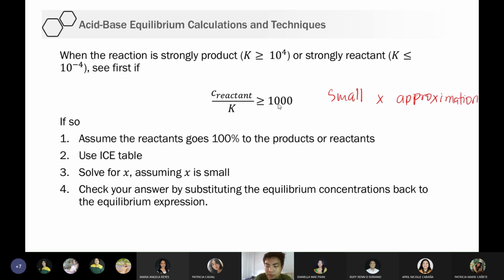So we call this the small x approximation. What does the small x approximation do? It actually helps us minimize the use of the quadratic equation.